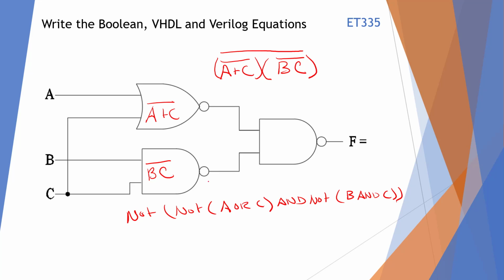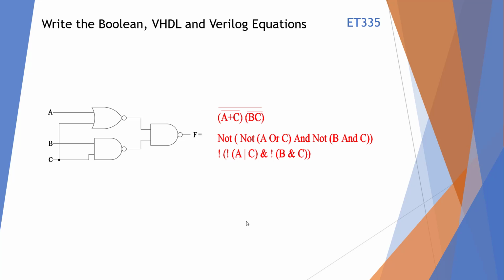Good. Now let's do our Verilog. Not, parentheses, not, parentheses, A pipe C, and not B and C, two parentheses, and we got it. Okay, here's our CAD answer, and it looks like we did good.